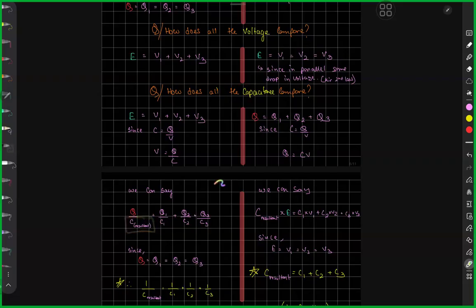Simply speaking, E is equal to the total charge divided by the total capacitance.